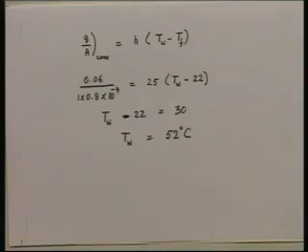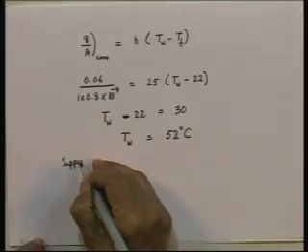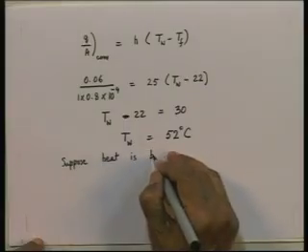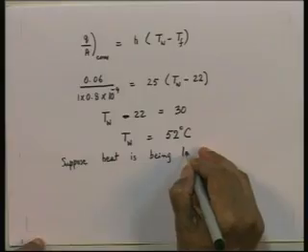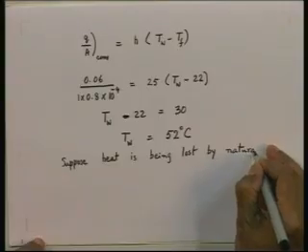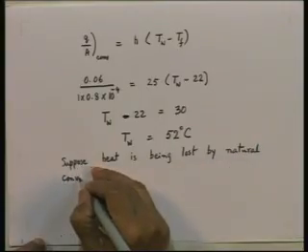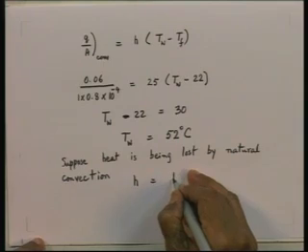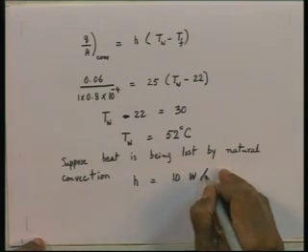Suppose instead of losing heat by forced convection, heat was being lost by natural convection, just for the sake of argument. What is the typical value of h in natural convection? A typical value of h might be, say, 10 watts per meter squared Kelvin.